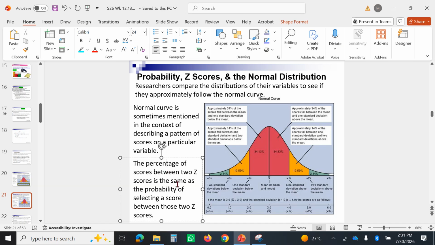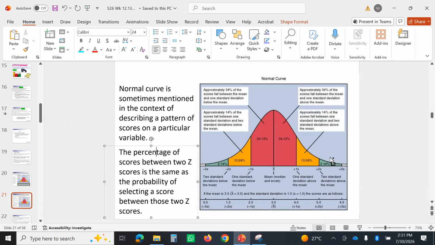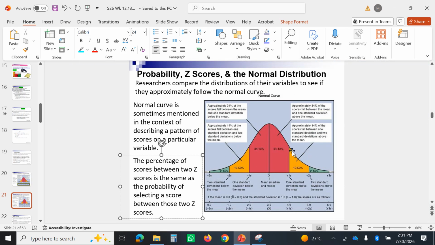The percentage of scores between two z-scores is the same as the probability of selecting a score between those two z-scores. Haven't introduced what a z-score is yet, other than the fact that you see your standard deviations, 1, 2, these are what we're talking about, z-scores. We'll show you these in a little bit.